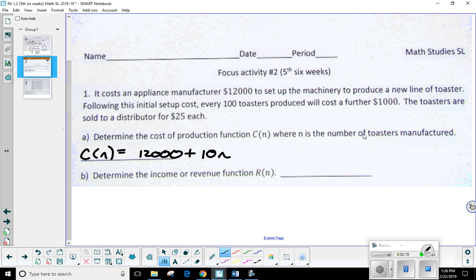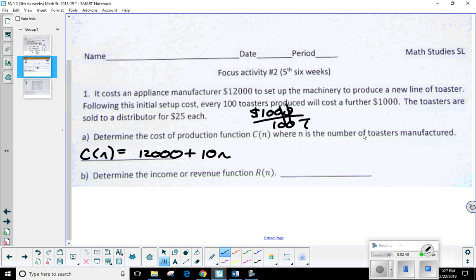So it's true, the initial startup is $12,000, but where are you getting the 10 from? So to produce 100 toasters, it's $1,000. Instead of producing 100, there you go. I'll just put T for toasters. Okay, that's absolutely right. Using that little ratio, you can get 10 extra dollars for every toaster that's going to be produced on top of the initial setup.